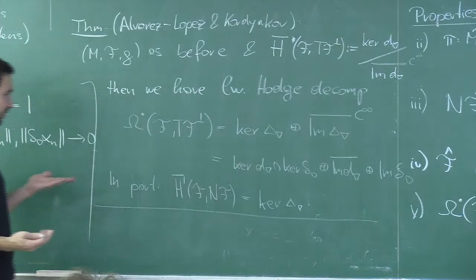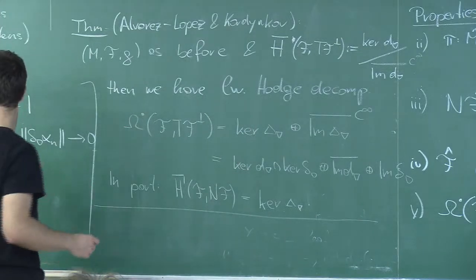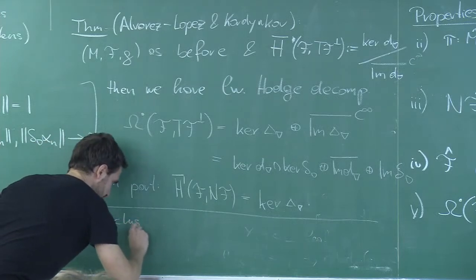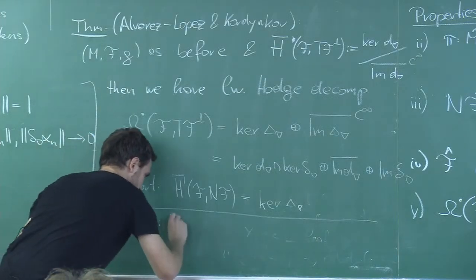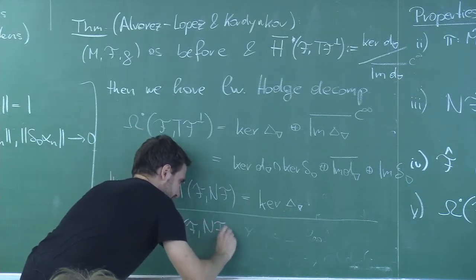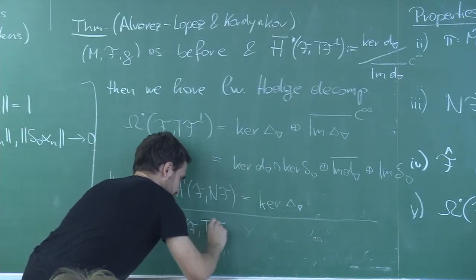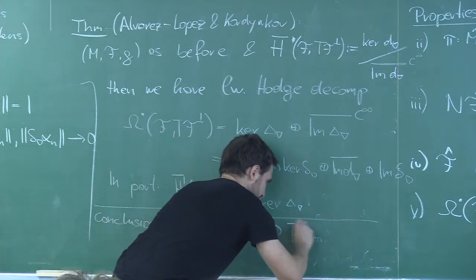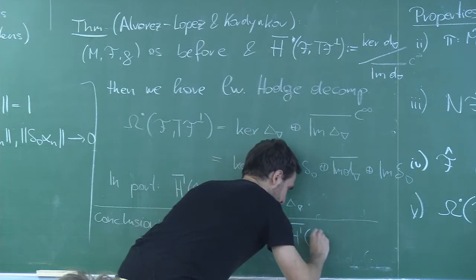And now we use this to conclude our contradiction. So conclusion. So H1, the infinitesimal stability, let's write TF, implies that this, well, closed version of it is 0.